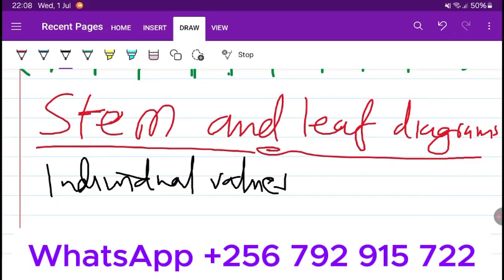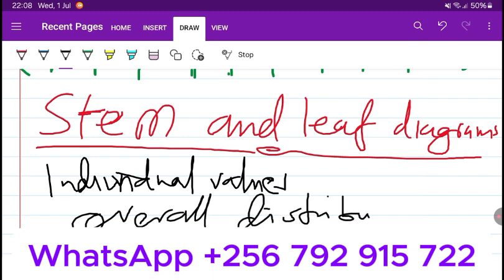It gives you individual values, and as well it provides an overview or overall distribution. In other words, the individual figures are not all that manipulated. It shows you the individual values, and as well how those individual values are distributed.